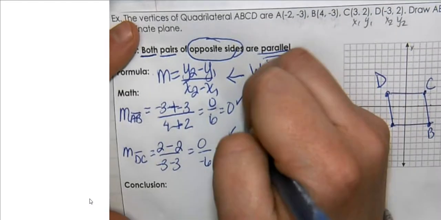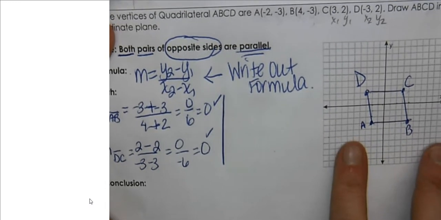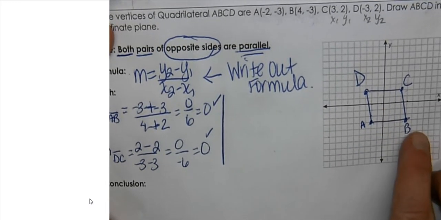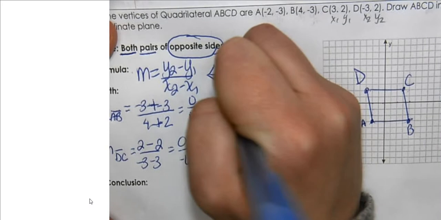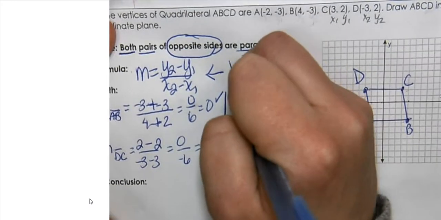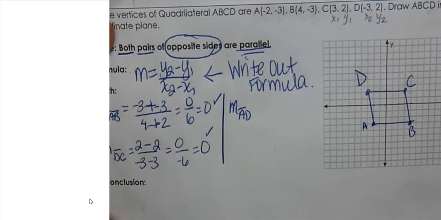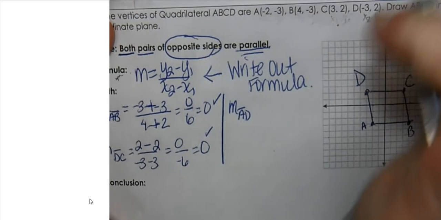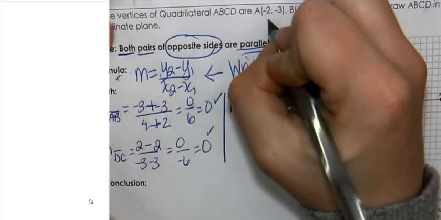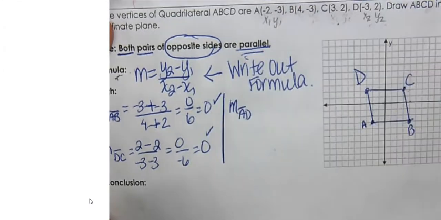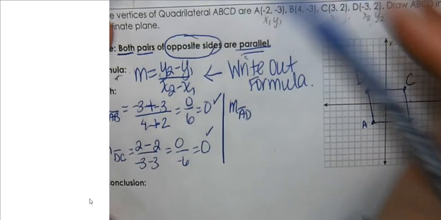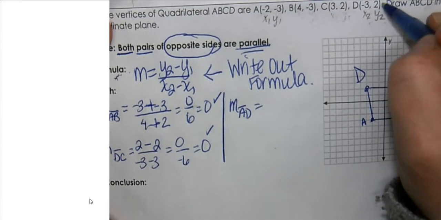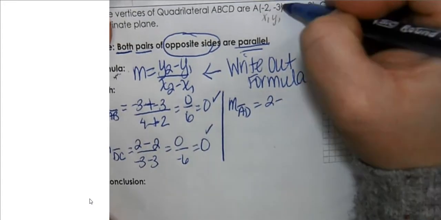Let's look at the other pair, AD and BC. I'm going to find the slope of AD, and label x1, y1, x2, y2 this time. D is already x2, y2, so I'll just make A x1, y1. I'm going to write y2, which is 2, minus y1, which is -3.